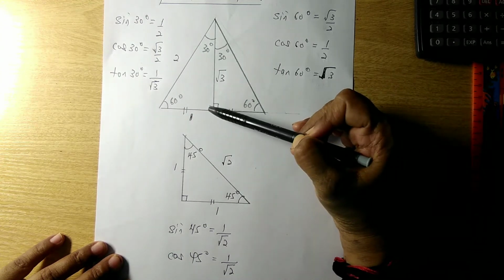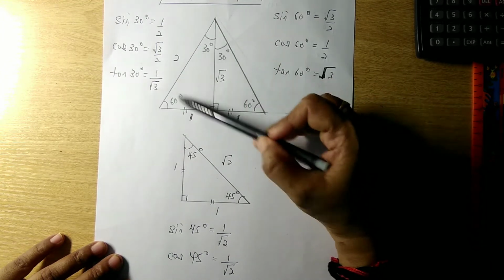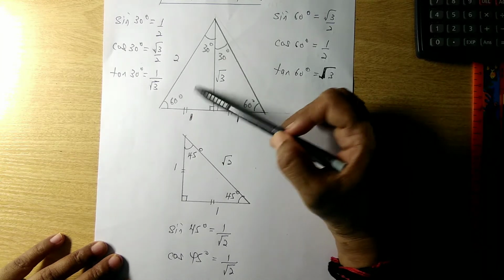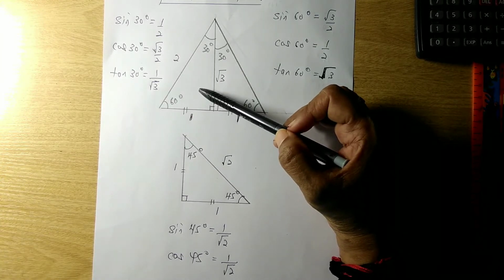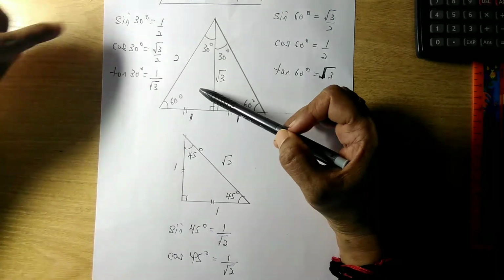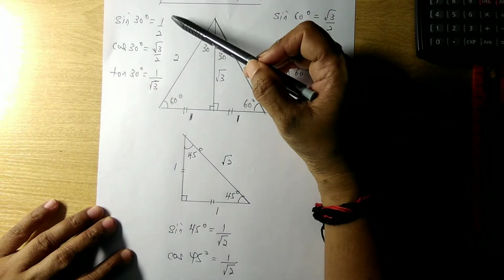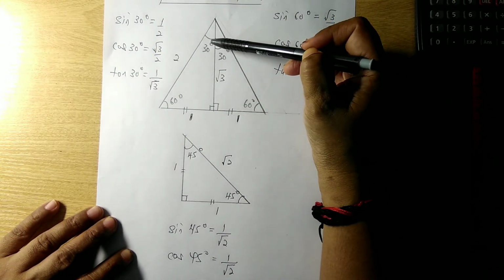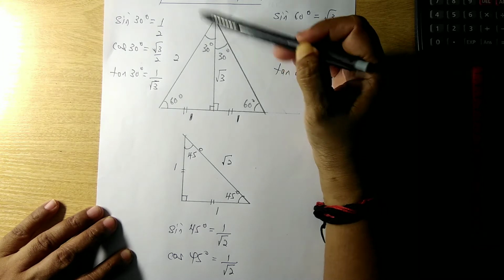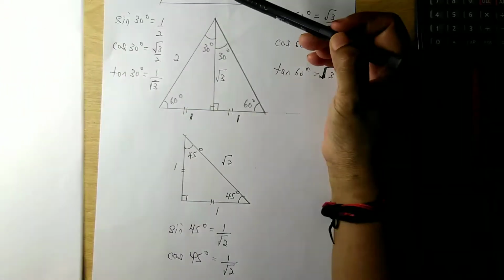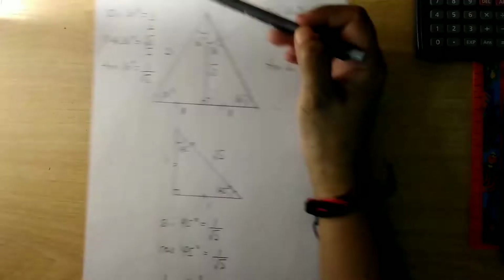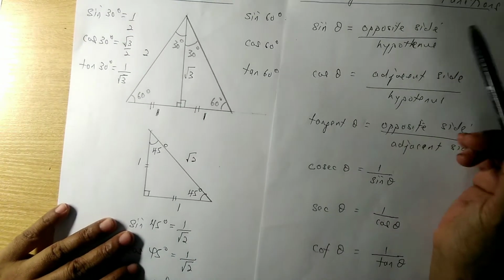Using this right angle triangle, we can determine the values of the 3 functions. Sine is the opposite over the hypotenuse.